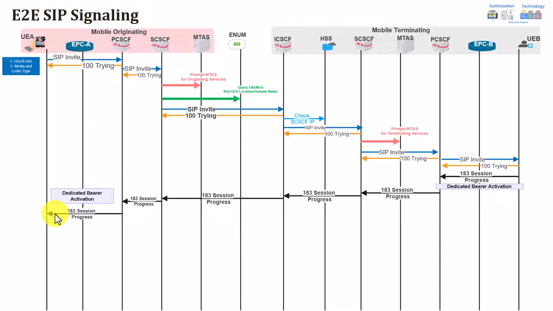For example, assume one device supports only narrowband and the other supports EVS, AMR wideband and narrowband. It should take narrowband because the terminating device only supports narrowband, so it should be something common between both. It usually tries to take the highest one, but since the terminating device supports narrowband, narrowband will be selected.